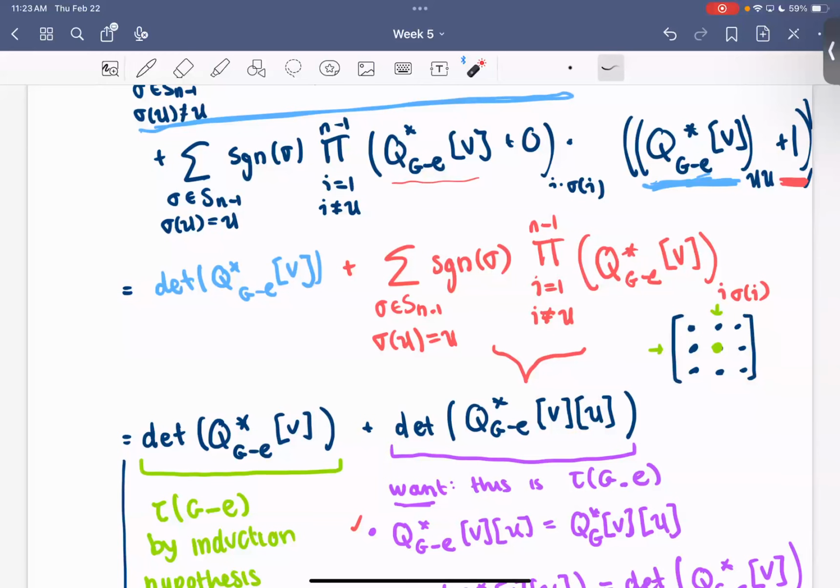So if we pick a permutation that fixes U, then our options are to do this, or that. So what that is actually looking at is just the determinant of that submatrix. Does that make sense? Yeah.